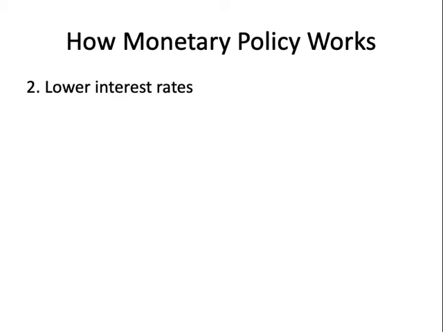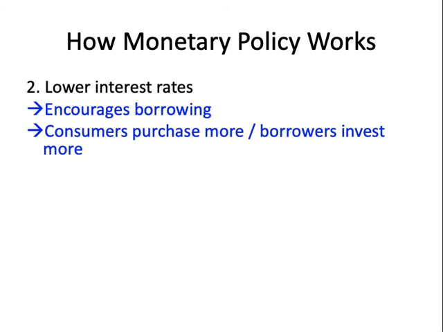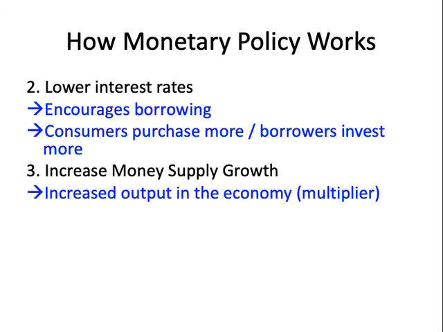Two, you can lower interest rates. If the Bank of Canada lowers the overnight rate target, that will encourage borrowing, spending, more purchasing, more investing. Fairly straightforward. Three, increase money supply growth. We can use the deposit multiplier to increase what's happening in our economy through our monetary policy.